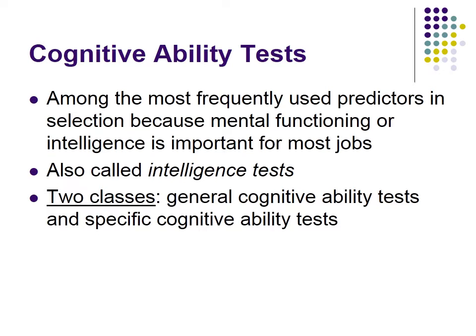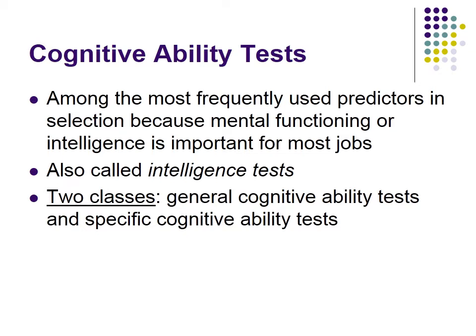In almost all jobs, we find that these ability tests, regardless of exactly what it is we're measuring, are one of the strongest predictors of performance on most jobs. And that's why we see them used the most in selection. Not only that, cognitive ability tests can usually be done as group, paper and pencil, power tests, so they're easy to give to a lot of people and score very quickly.